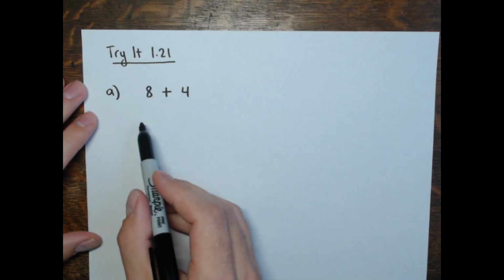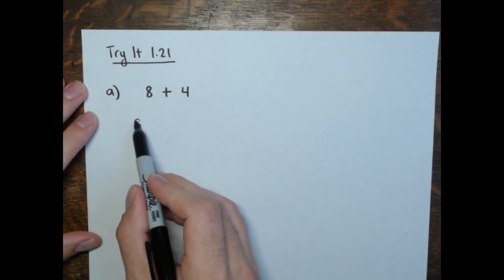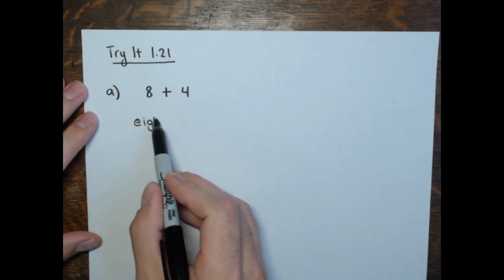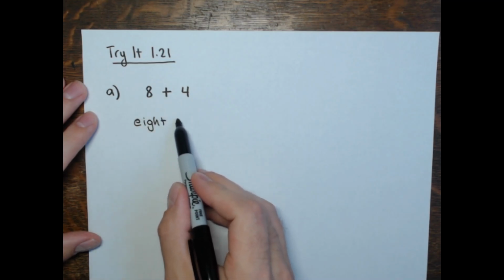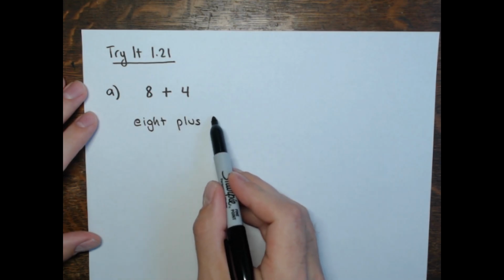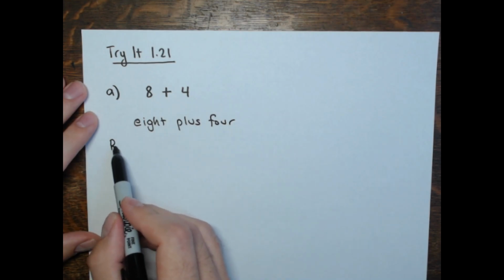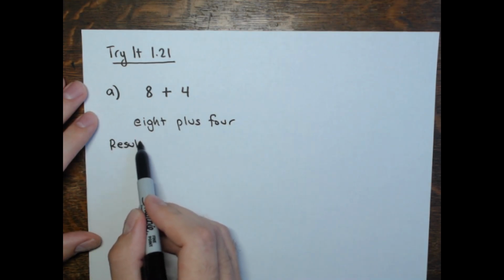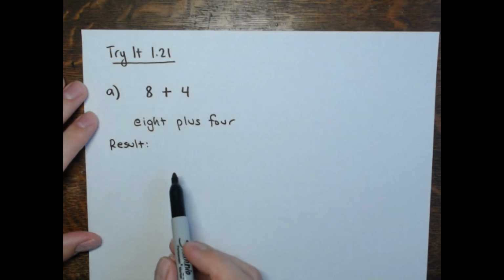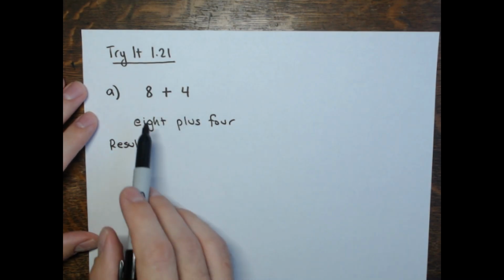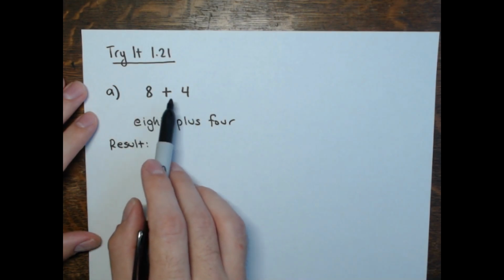So remember, this is written in words as 8 plus 4, and the result of this addition is called the sum of 8 and 4.